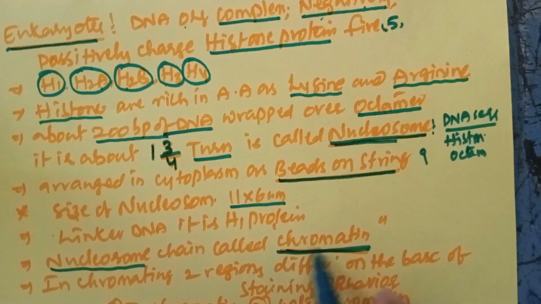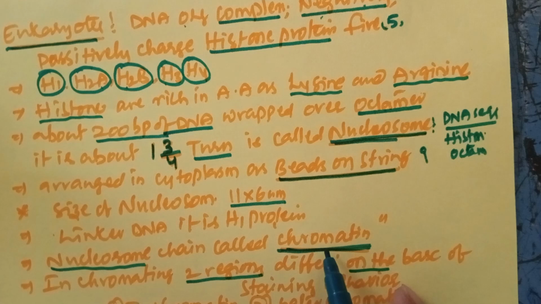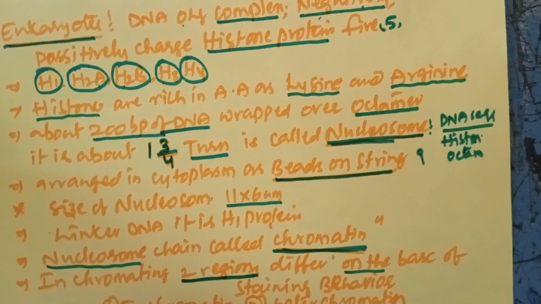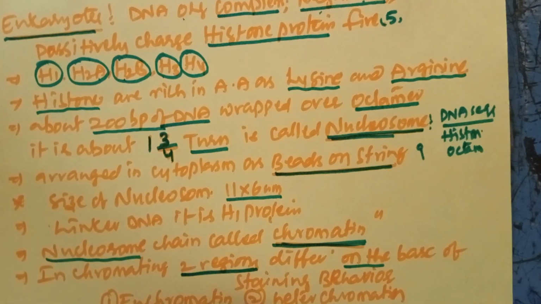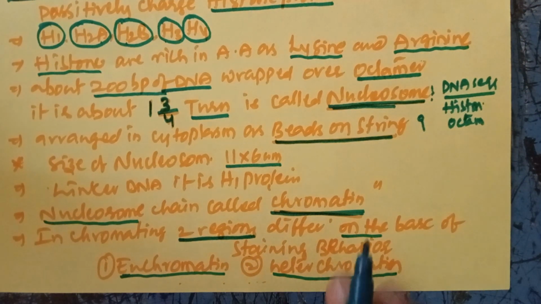When we observe the chromatin, it has 2 regions differentiated on the basis of staining method. When we stain the chromatin fiber, it differentiates 2 major regions: one is euchromatin, the second one is heterochromatin. There are a few differences between them.